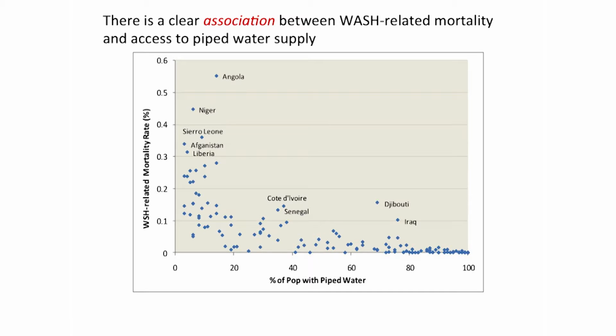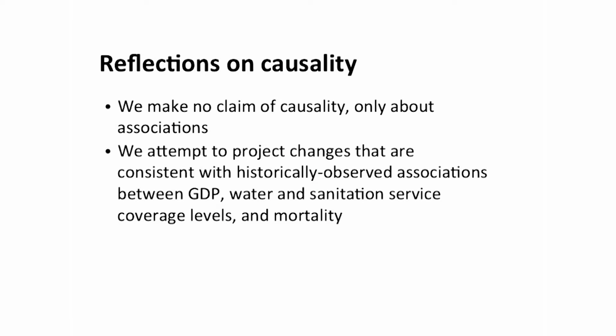This next slide shows you that there's a clear association between WASH-related mortality and access to piped water supply. Now, it's important to think a bit about the causal relationships here, and we're not making any causal claims in this modeling. In other words, we're only talking about an association between these variables.